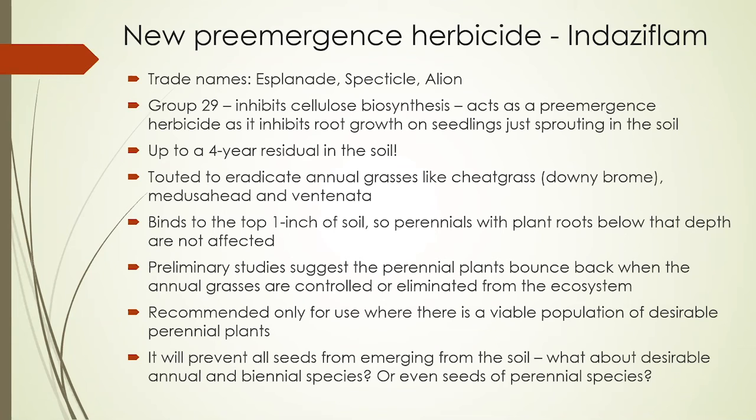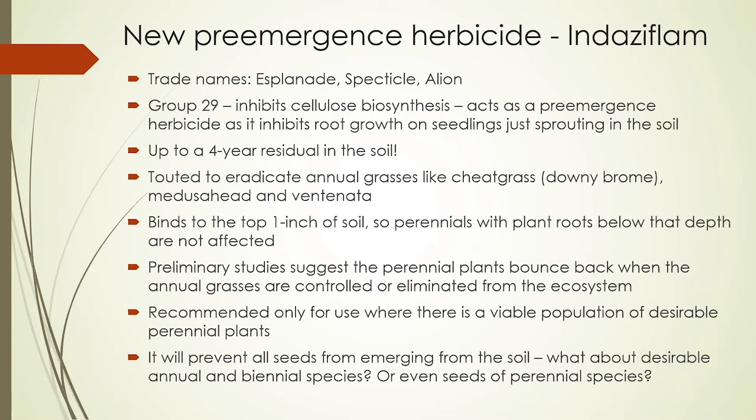So bunch grasses and some of the perennial forbs and the perennial shrubs no longer have the competition from these annual grasses, and they bounce back. It's recommended that you only use this where there's a viable population of desirable perennial plants.